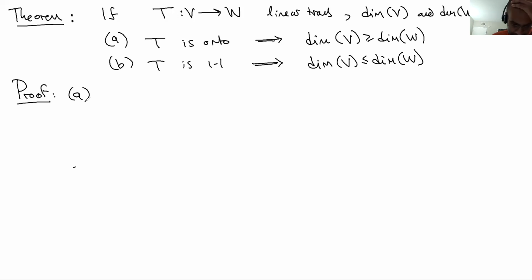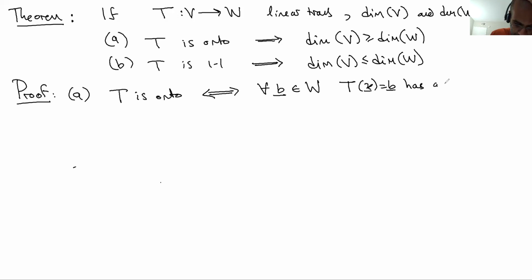Let's prove item A. So let's just translate the statements. T is onto. What does that mean? That's the same thing as saying that for every b in W, T of x equals b has a solution. That's the definition. But now, because of the correspondence principle, by using the coordinate mapping, I have to choose some bases.